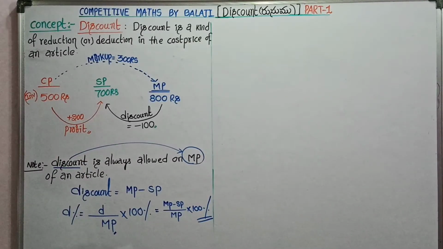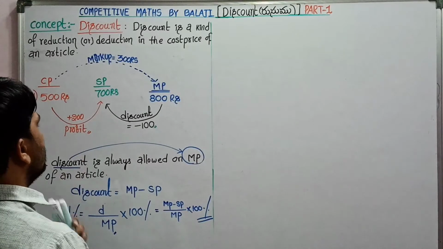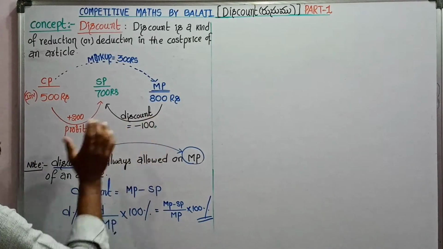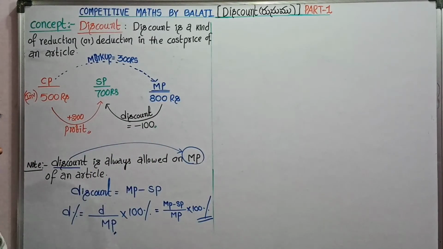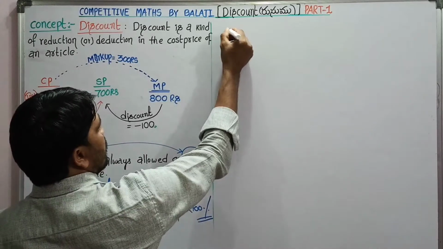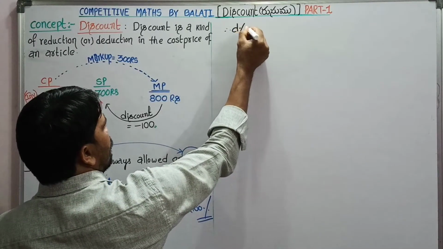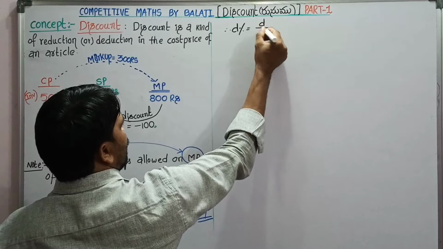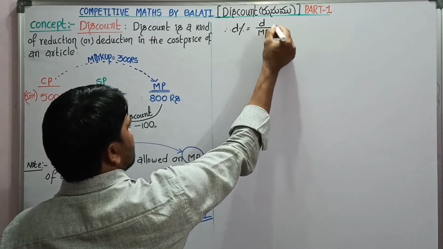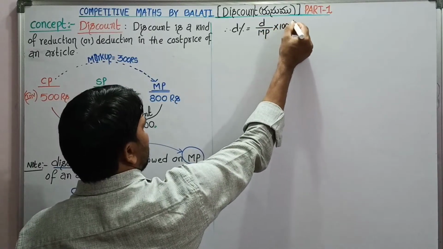Okay, now what is the discount percent? Discount is 100 rupees. Let us find the discount percent here. Discount percent equals discount over market price into 100%.